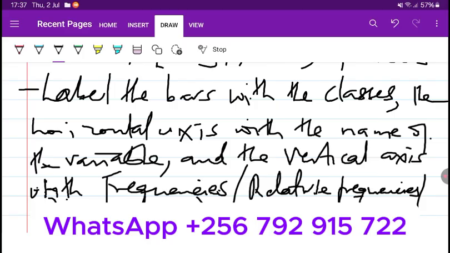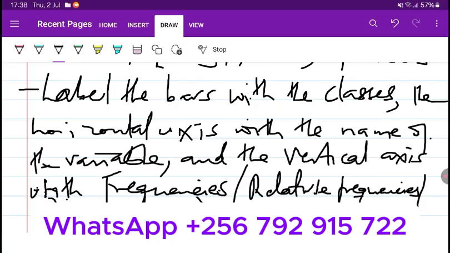So the horizontal scale, they will always give you the data. They may give you classes as a variable, they may give you age, they may give you scores, heights, or ages.